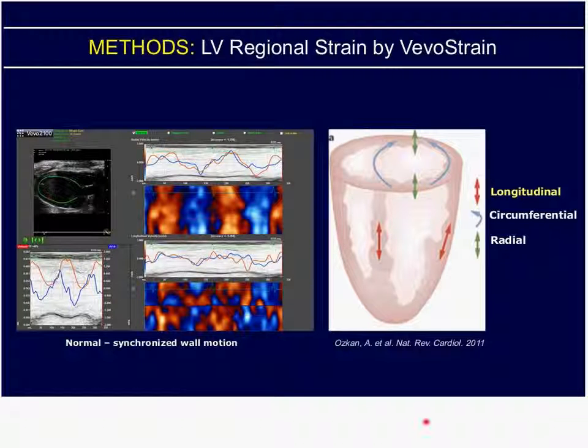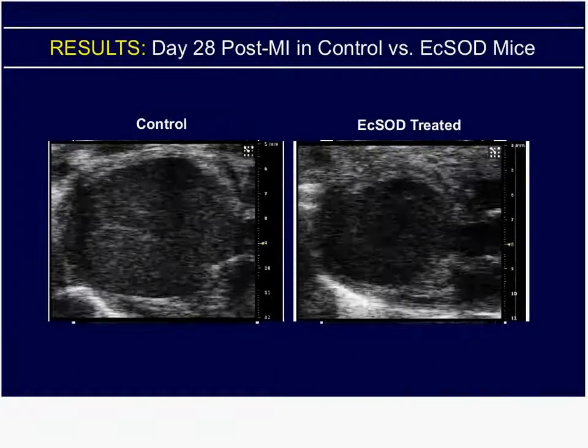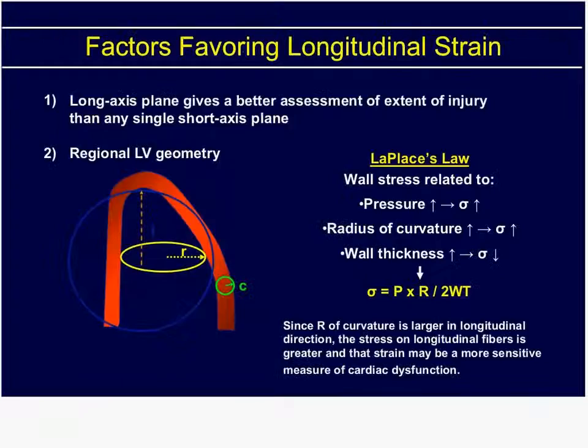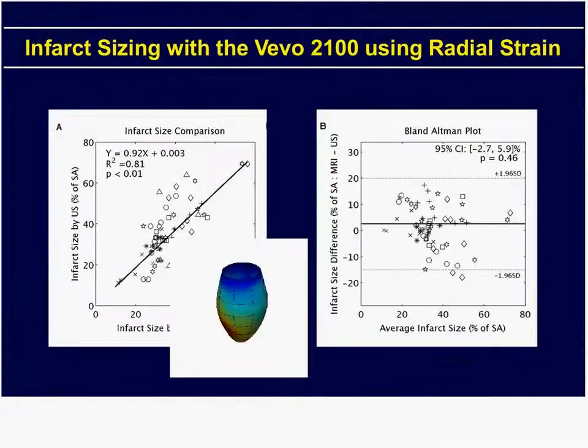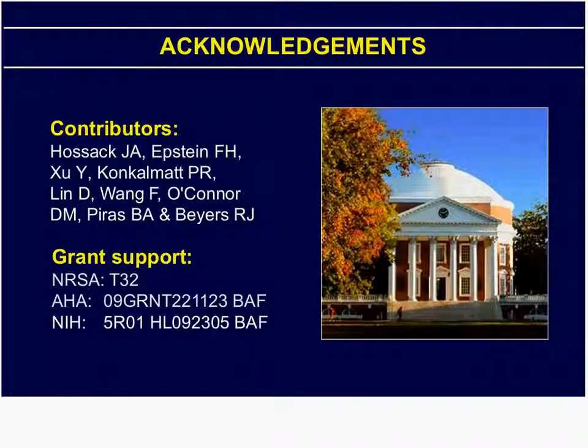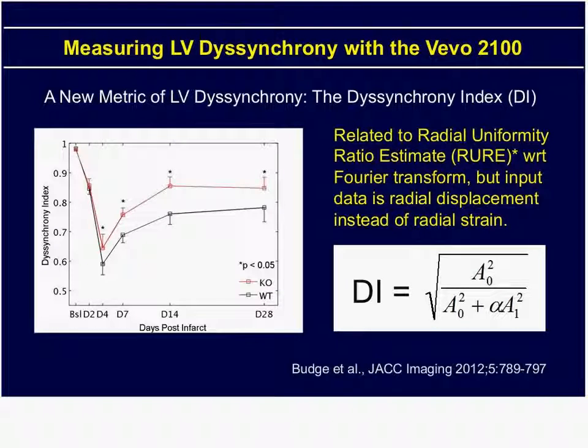Some of these other measures, particularly with regard to cardiac desynchrony, for instance the contraction index and the desynchrony index, are derived by taking those raw Excel data from Vivo strain and inputting them into MATLAB routines. And we're working towards making those available to the public.